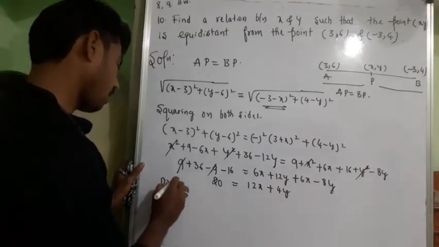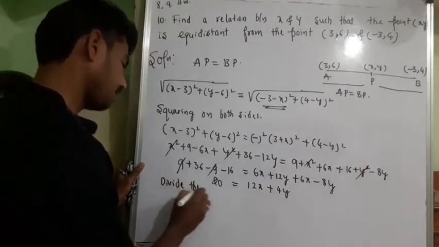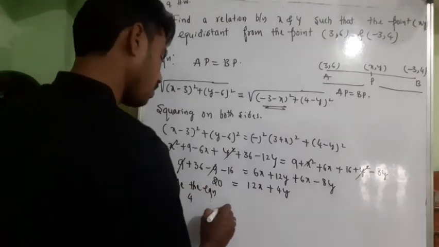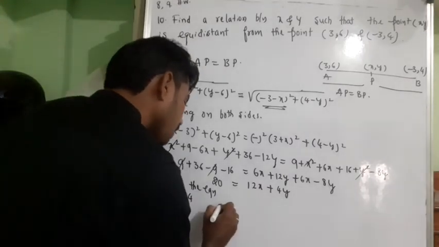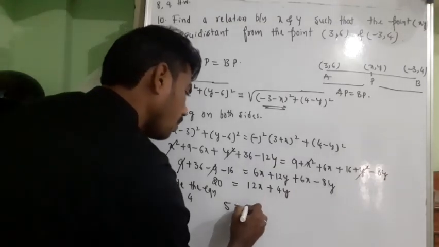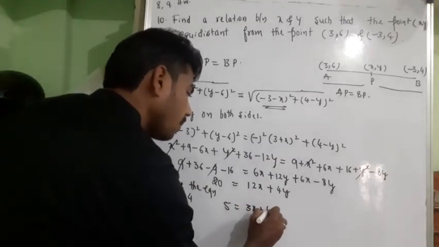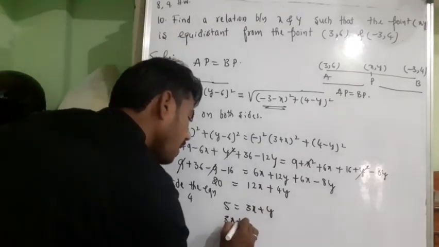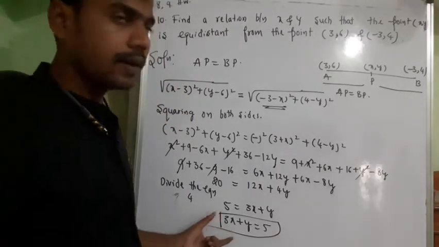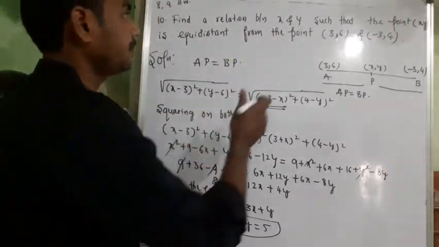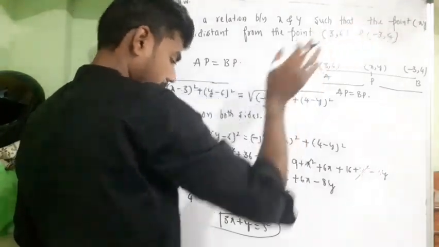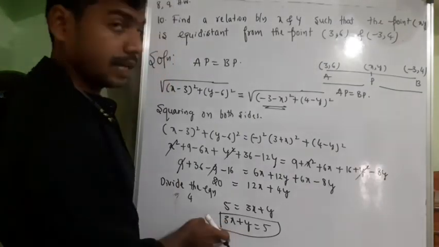Divide the equation by 4. See, 4 5s are 20, 4 3s are 12, 4 1s are 4. So what will we get? 3x plus y is equal to 5. This is the relationship between x and y when (x, y) is equidistant from (3, 6) and (-3, 4). So this is the relationship.